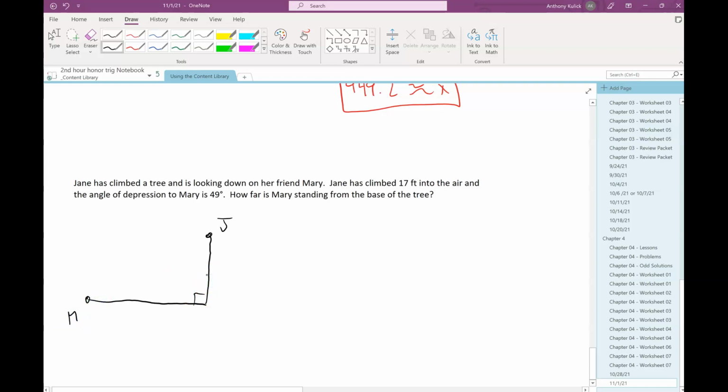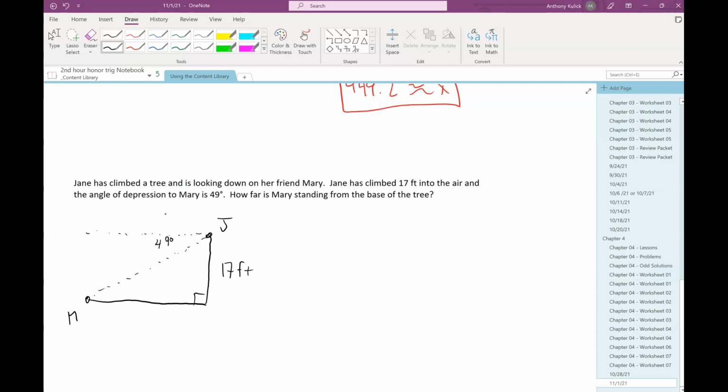We're assuming that the tree is perpendicular to the ground since it doesn't say otherwise. Jane 17 feet up in the air. Now here's the place we got to be careful. She's looking down at Mary. So this angle here is my angle of depression.